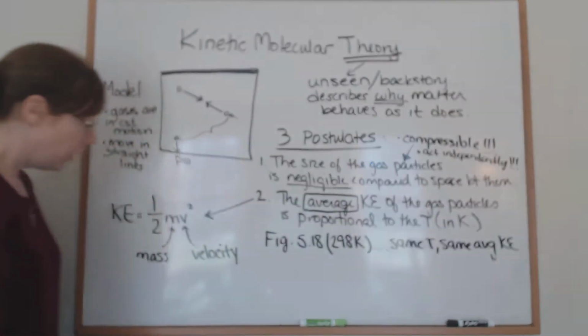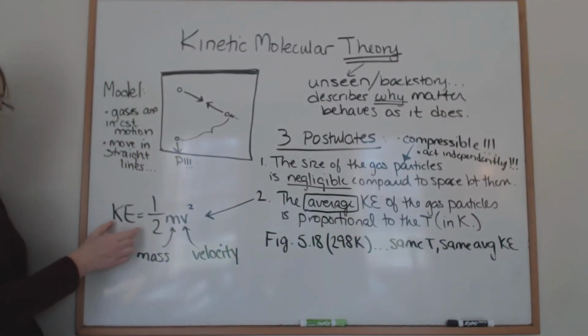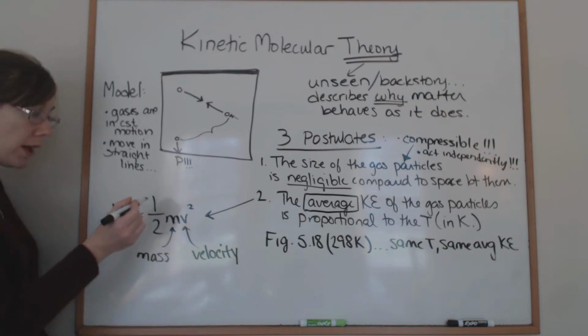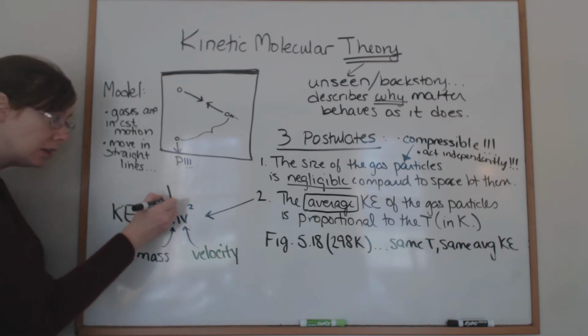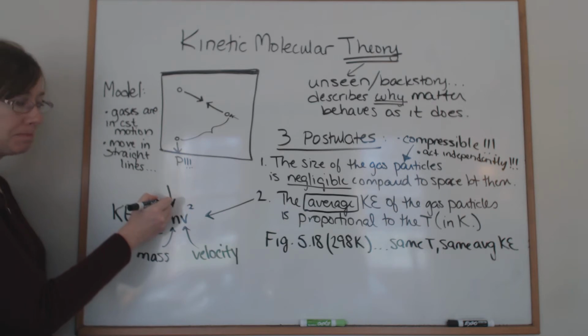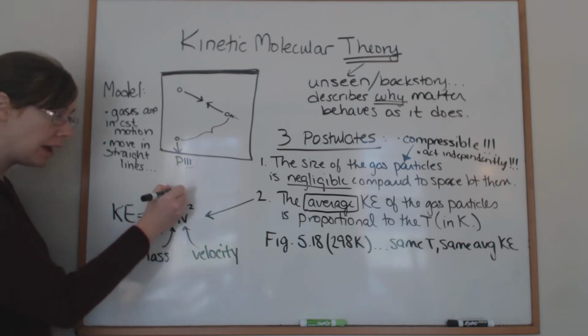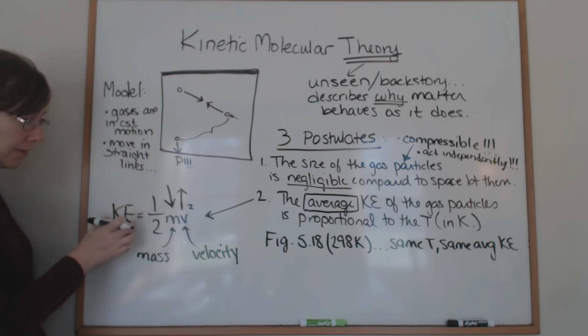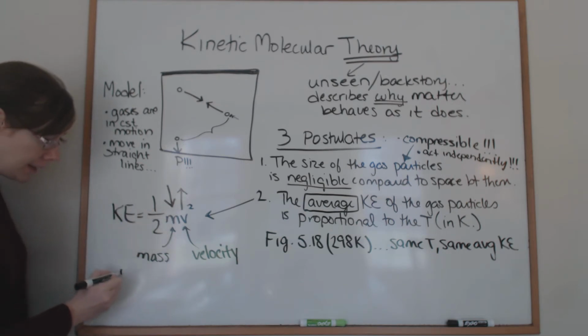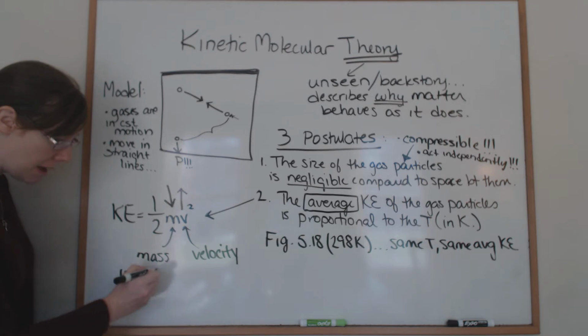However, if they all have to have the same average kinetic energy, then the ones that are actually smaller in mass will have to have a greater velocity in order to meet this requirement of having the same energy. And if that doesn't totally make sense to you, just think about a mathematical thing here.